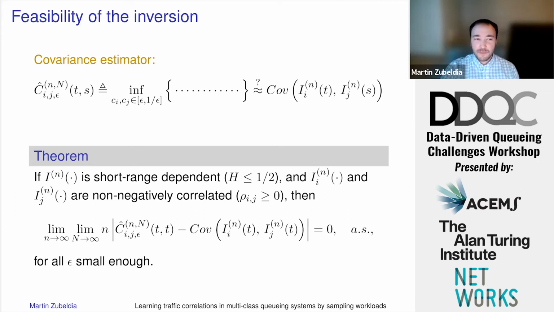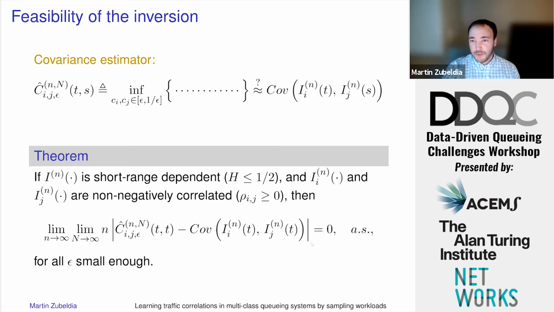We show that if the input process is short range dependent, so these are the fractional Brownian motions with H less than 1/2, which includes Brownian motion, so you can think this works for Brownian motion and half of the others. And the key part also is that the input processes whose covariance we're trying to learn are non-negatively correlated, so the correlation is greater than or equal to 0.